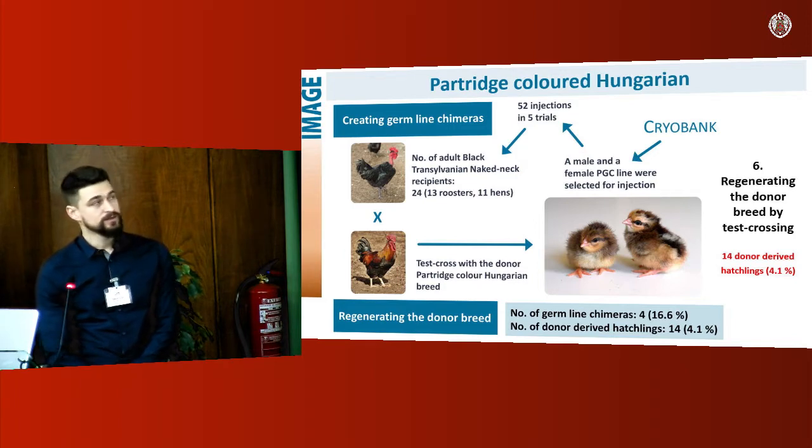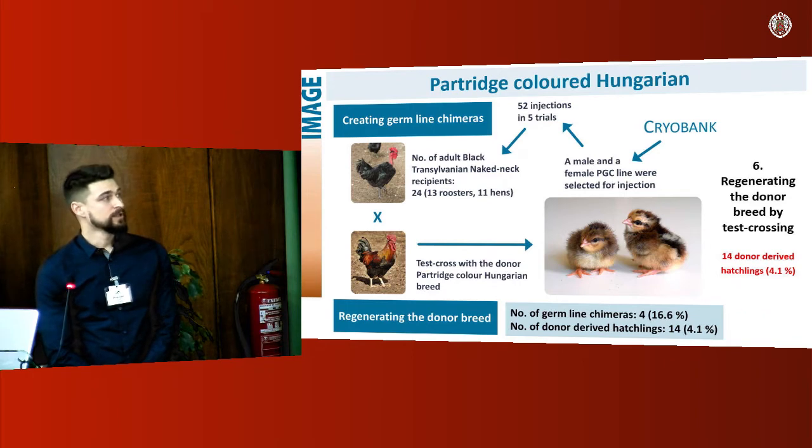In 5 trials, we injected 52 embryos, and then we got 24 potentially chimeric black Transylvanian naked neck chickens, 13 roosters and 11 hens.